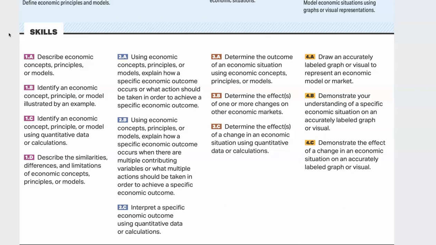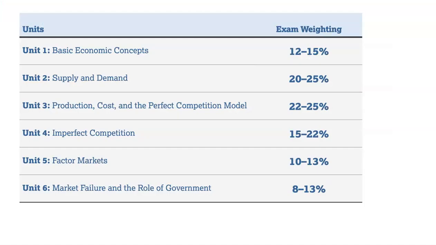Now I'll show you the unit content for the microeconomics course first, because that's what we're doing first semester, and then the content for macroeconomics and the second semester. In the microeconomics portion of our year, we're going to be covering 6 different units.